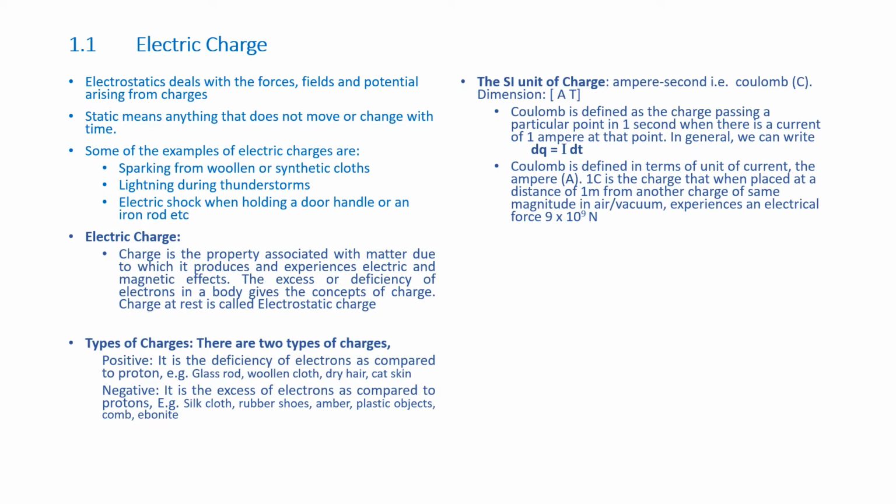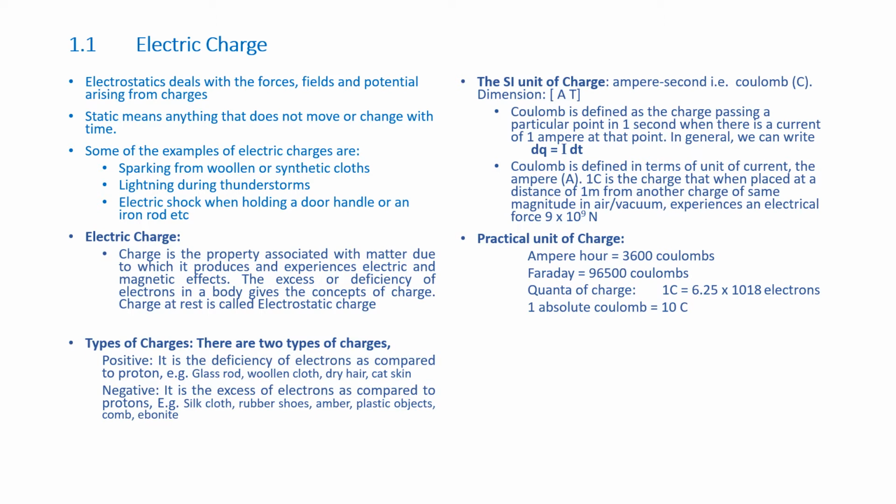In this case, there are two charges of 1 coulomb each, separated by a distance of 1 meter, and when they experience a force of 9 into 10 to the power of 9 newtons, the charge is a coulomb.